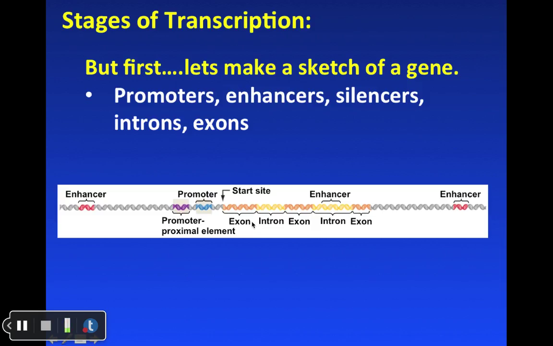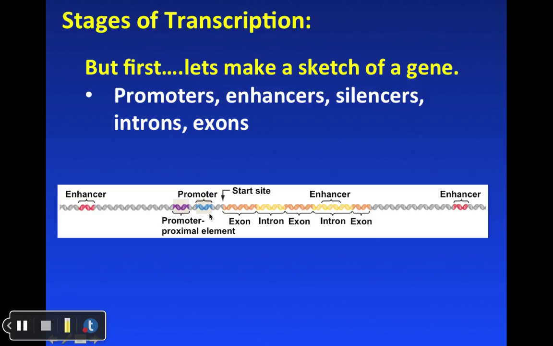Notice we identify exons and introns within that coding region. Exons are the regions that will be incorporated into the fully functional RNA after this gene is expressed. The introns, however, are portions that will eventually be spliced out. Unless mistakes occur, introns tend not to be found within fully functional RNAs, but the exons eventually get spliced together, and we'll come back to that briefly.